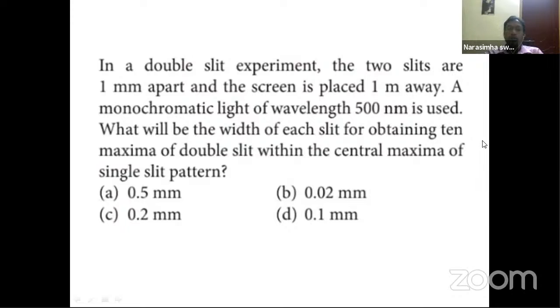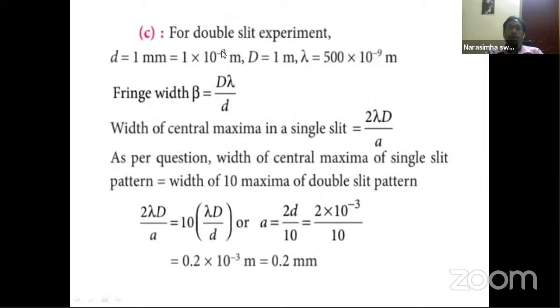Look at this, the answer. For a double slit experiment, the fringe width formula is the same for both of them. The fringe width beta is equal to d lambda by d.